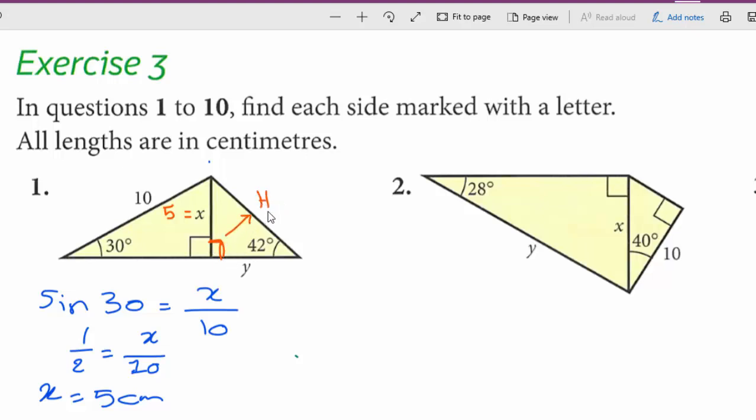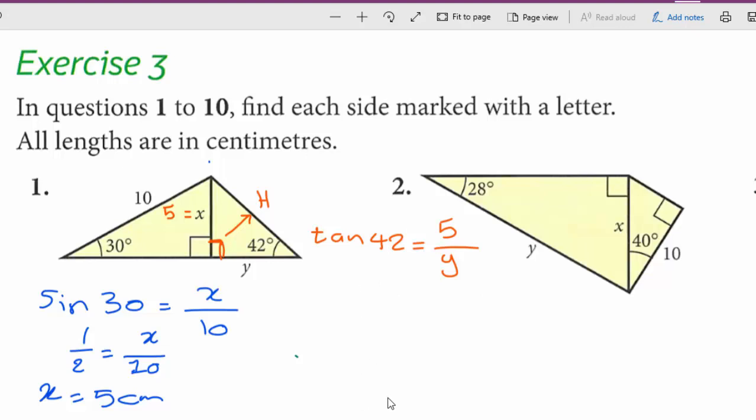Hypotenuse is not given, so we are going to use the opposite of the angle and the adjacent. Tan can cover the opposite and adjacent. Now simply, tan of 42 is equal to opposite, which is x, which is 5, over the adjacent, y.